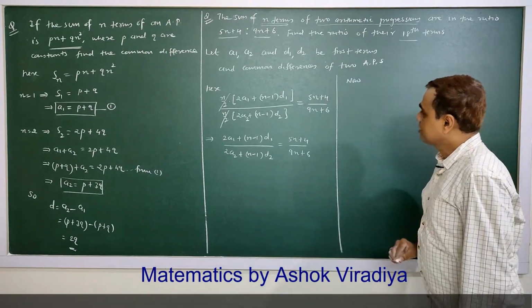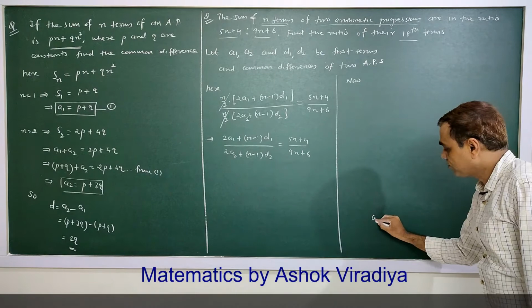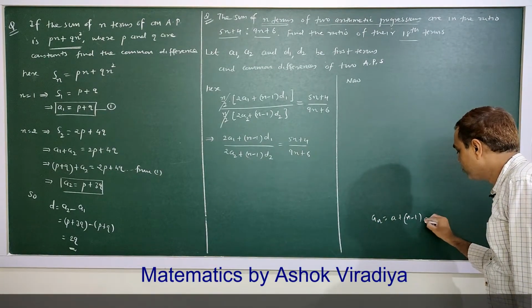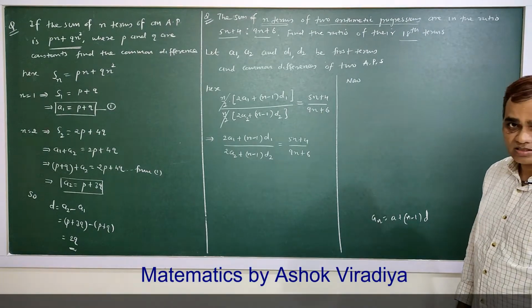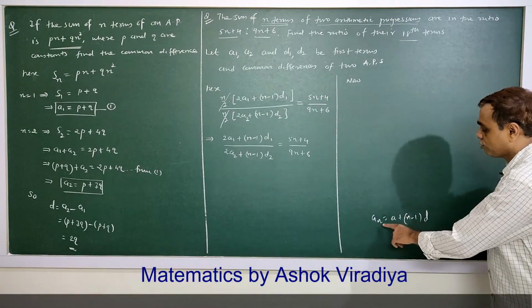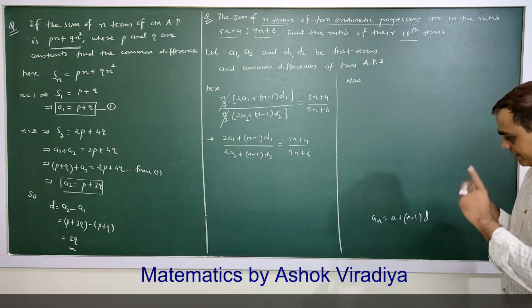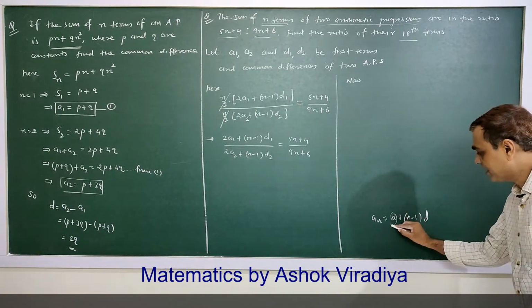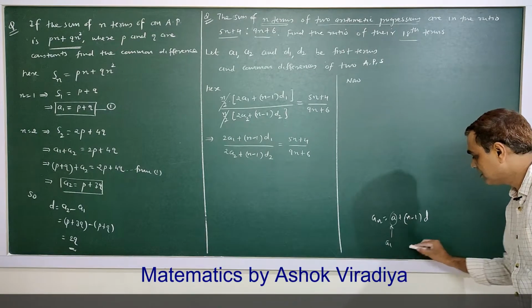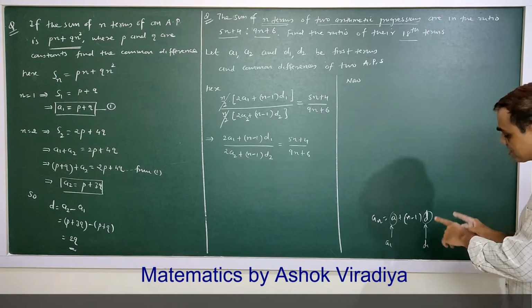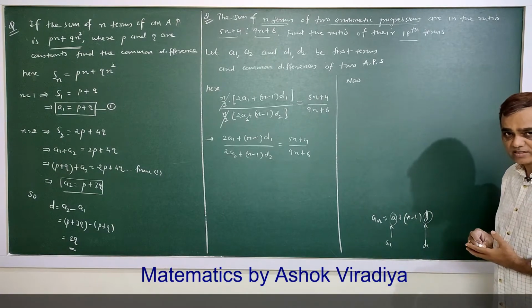Formula for nth term is A plus n minus 1 into D. If I replace A by A1, D by D1, then this will be nth term of first sequence.